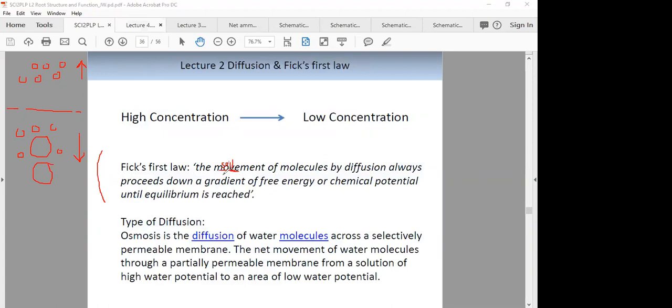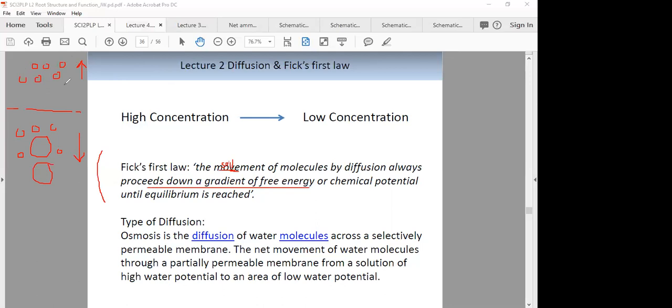Oh, you've got it. Very good. Yes, high to low. Now we've got 3 correct answers. So we always proceed down a gradient of free energy. Yes, so from high free energy to low free energy. Absolutely correct. So hopefully you're all getting that.